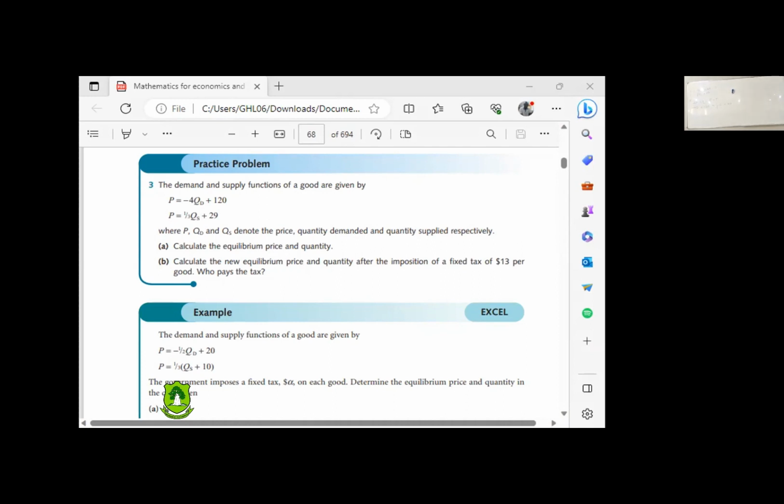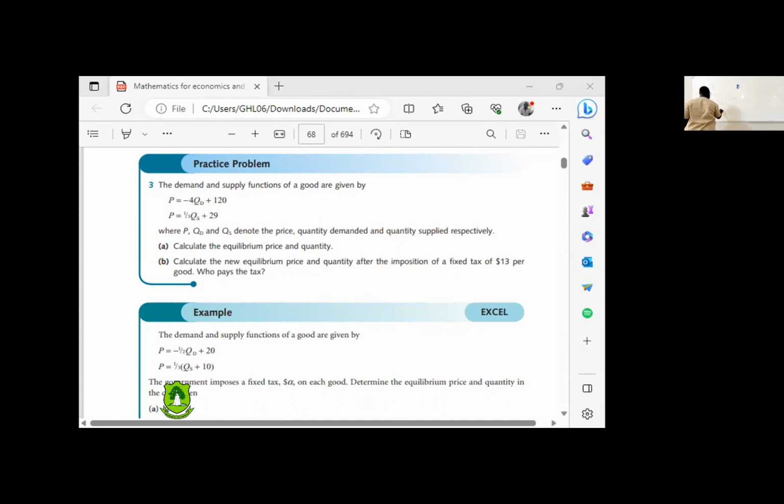Now, which variable is unknown here? It's Q, the quantity. So we can make the quantity the subject. Let's move this one to the other side so that it will be positive. So we will have 120 minus 29 is equal to 1 over 3 Q plus 4Q. So this minus this will give us 91.